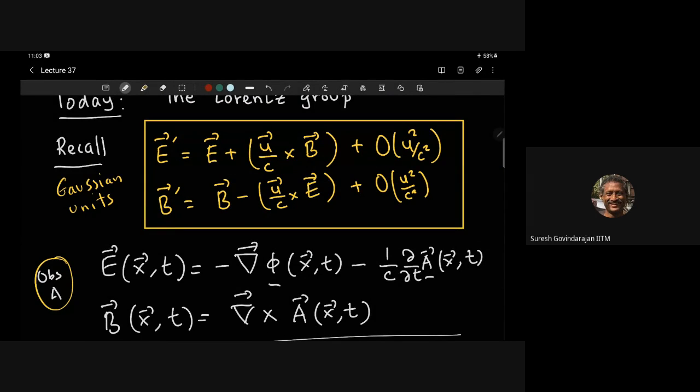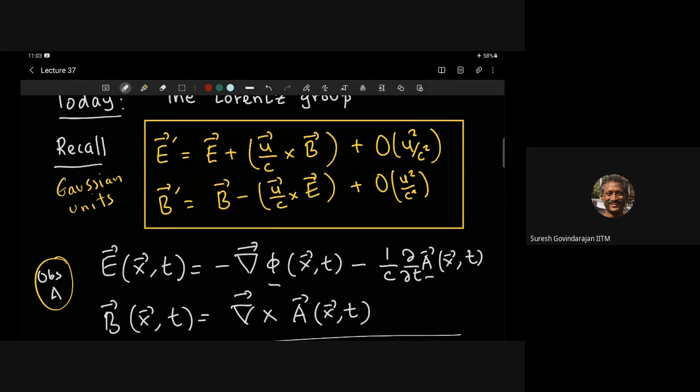In electrostatics we assume the second term won't be there, but in electrodynamics, which is the most general case, of course this term is there. This is the most general connection between the electric field and the scalar and vector potential, and B remains del cross A. These are the definitions.